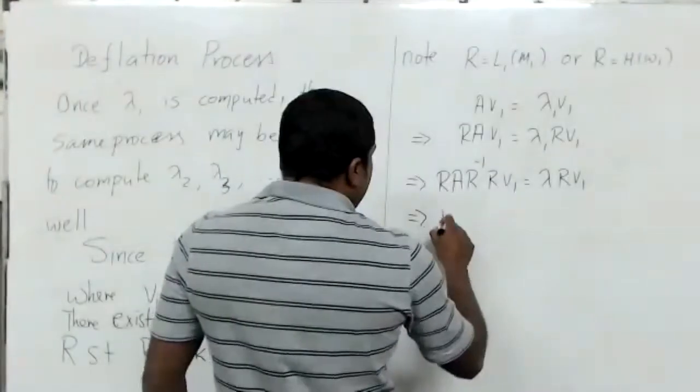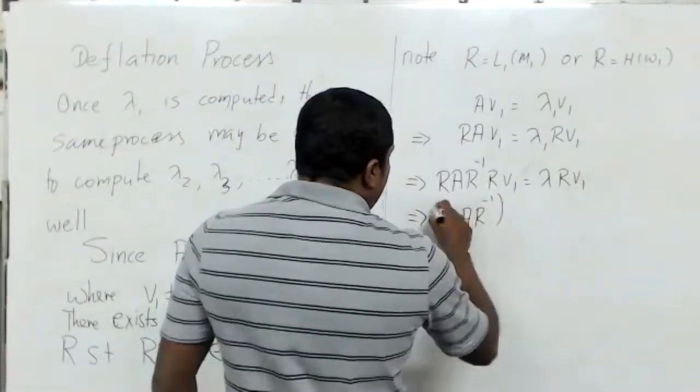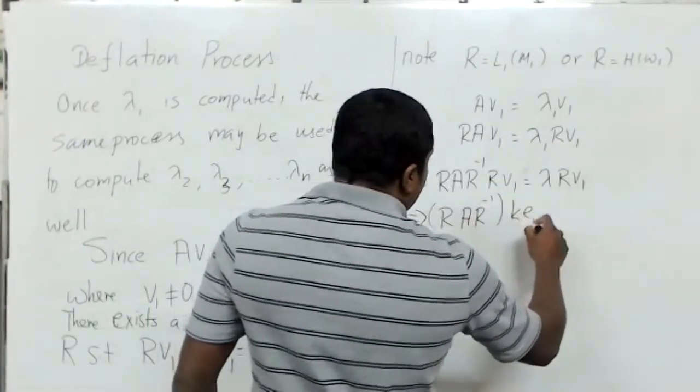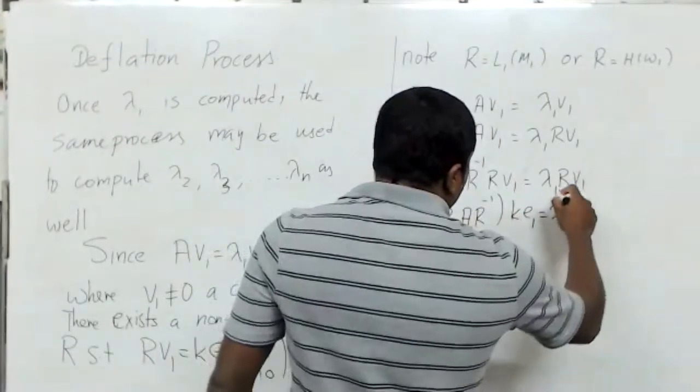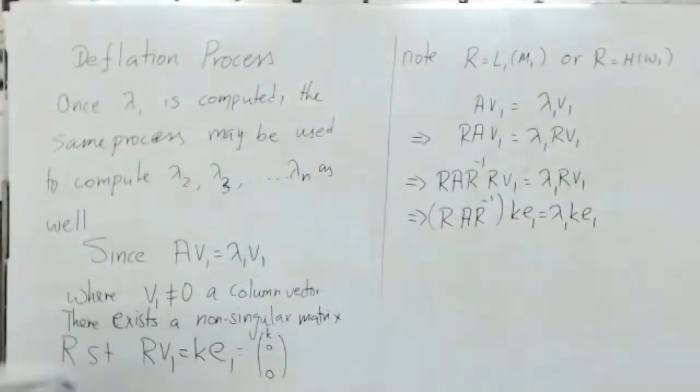So now you can see that r A r inverse times k times e1 is equal to lambda 1 times k times e1. Right, so I have lambda 1 times k times e1. Then k is a non-zero constant, so I can cancel it out, right?